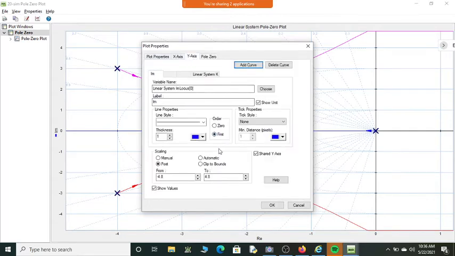By default the axis is from this to this. I can make it slightly thicker so that you can visualize it. Okay, pick the y-axis.